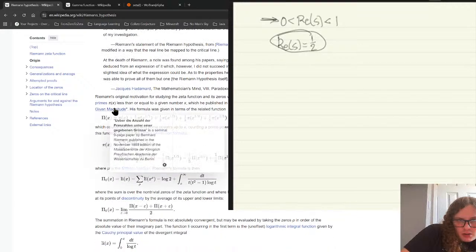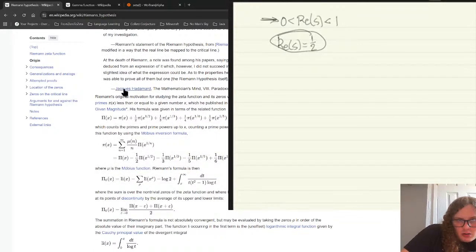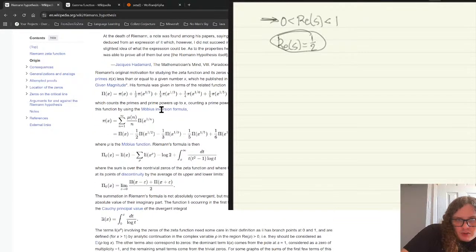All right, so Euler, Riemann, the number of primes less than or equal to a given number x. The formula was given in terms of a related function. Pi of x plus 1/2 pi of x counts the primes and prime powers up to x, counting a prime power p to the n as 1 over n. The number of primes can be recovered from this function by using Möbius inversion.